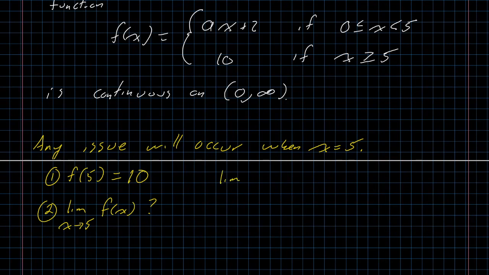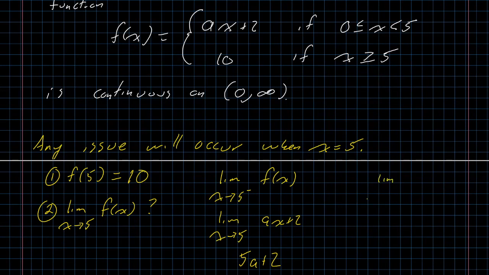The limit as x approaches 5 from the left of f of x is the limit as x approaches 5 of ax plus 2, which is going to be 5a plus 2.